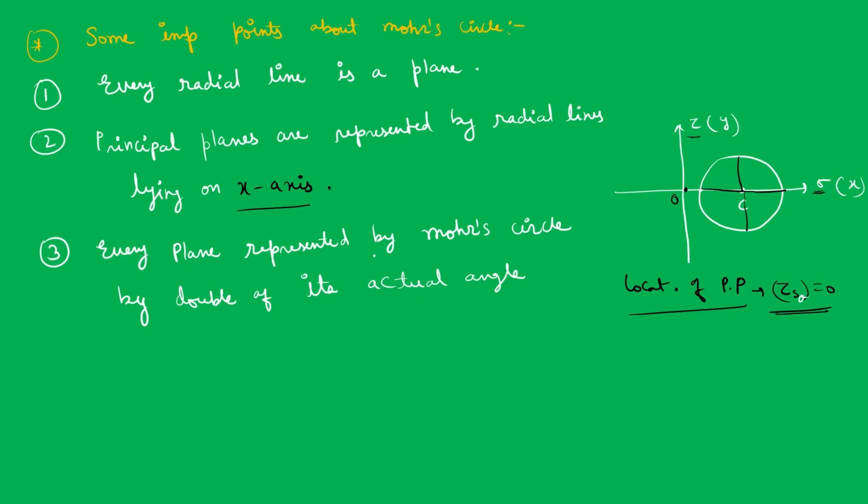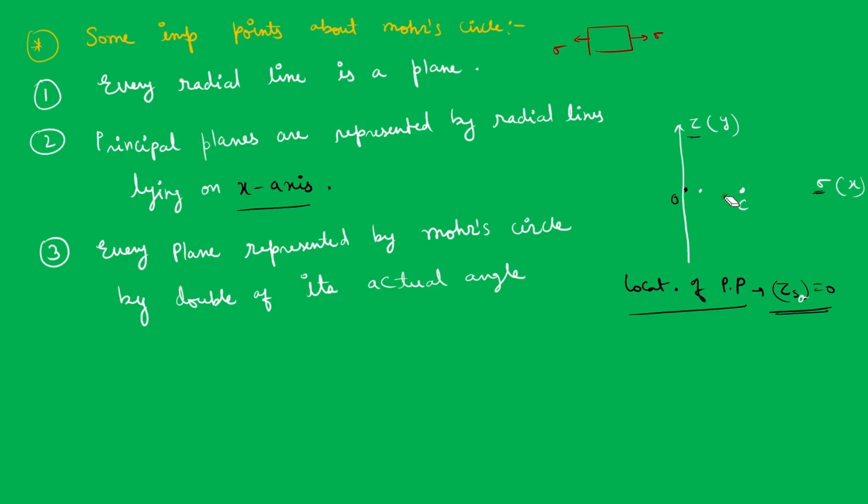Now then, this third line. Okay, so let us explain this one as well. I will explain here only. So let's say that this is my Mohr circle. Let's say I have this particular beam, with sigma on both sides, and for this beam I have made the Mohr circle.